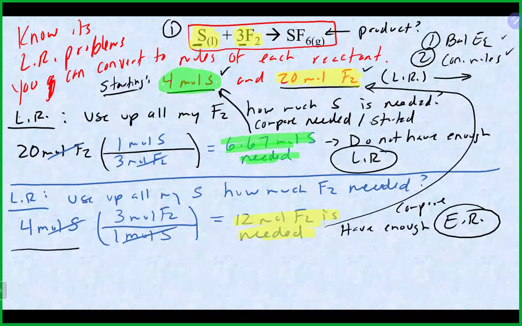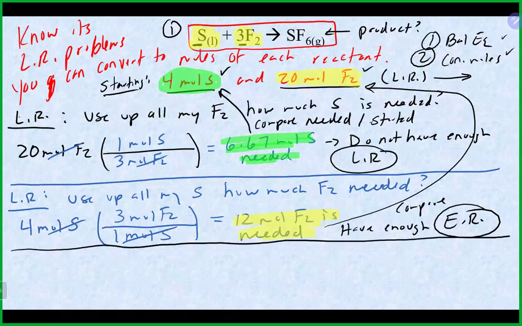So what is this helpful for? Well, once I figure out that in this case the sulfur is the limiting reagent and my fluorine is the excess reagent, I can just pick up with my normal stoichiometry step, which is the mole to mole relationship.